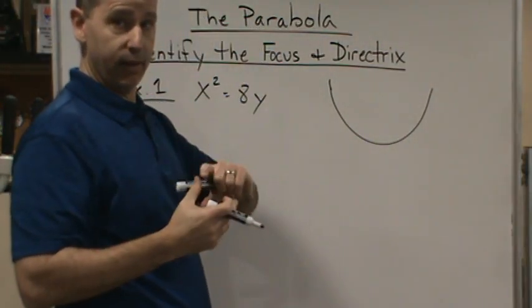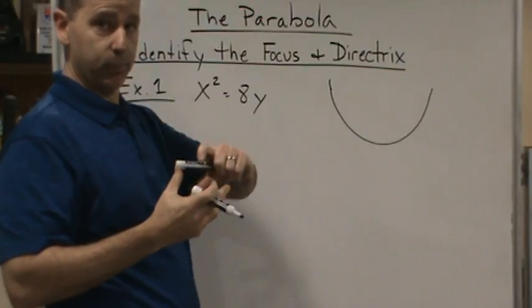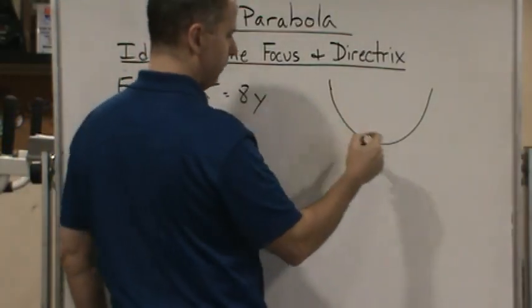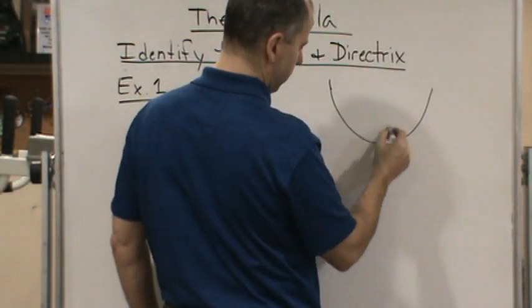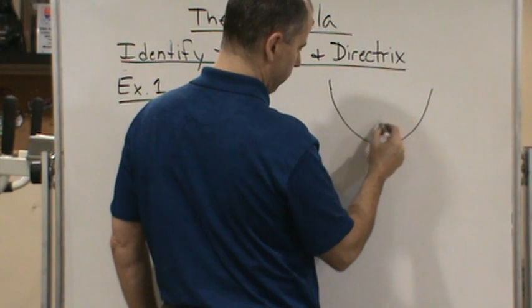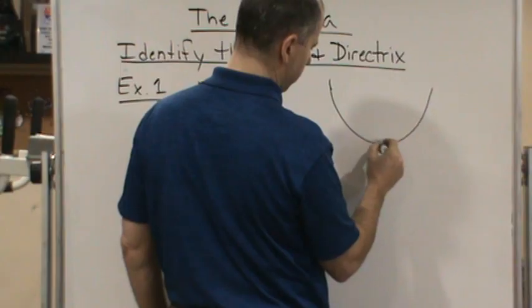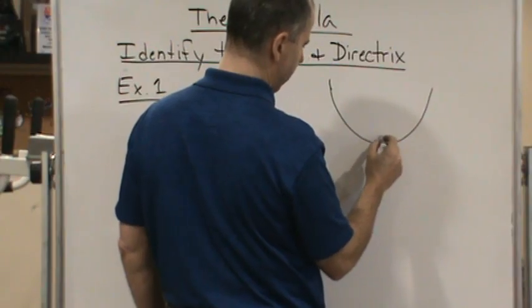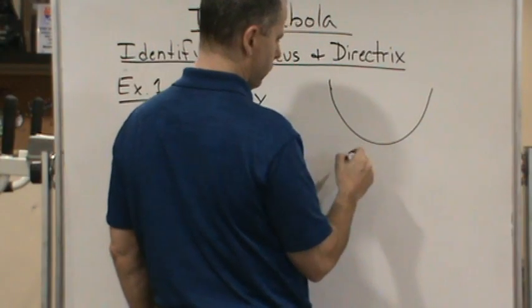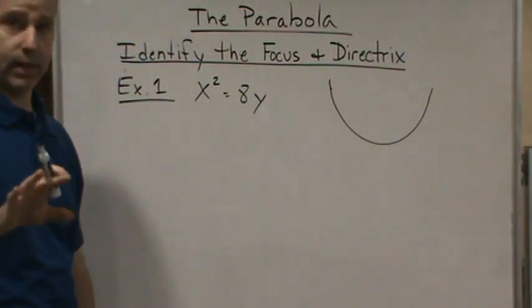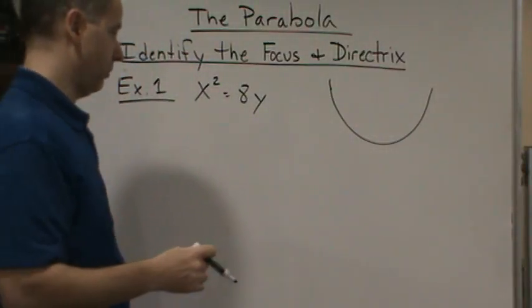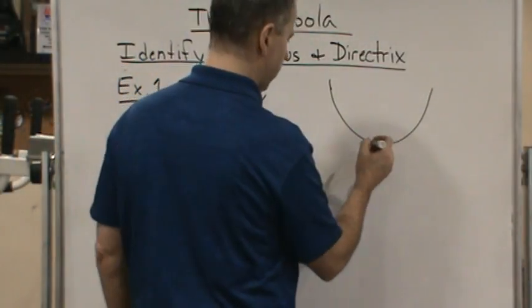If you took the plastic lens off, you would have this here, and you have a bulb in the middle. You usually have a hole with the bulb that you screw in. So let's say we have this and we want to find out where we should put the bulb. Turns out that the best place is the focus, so they want to know the location of the focus.